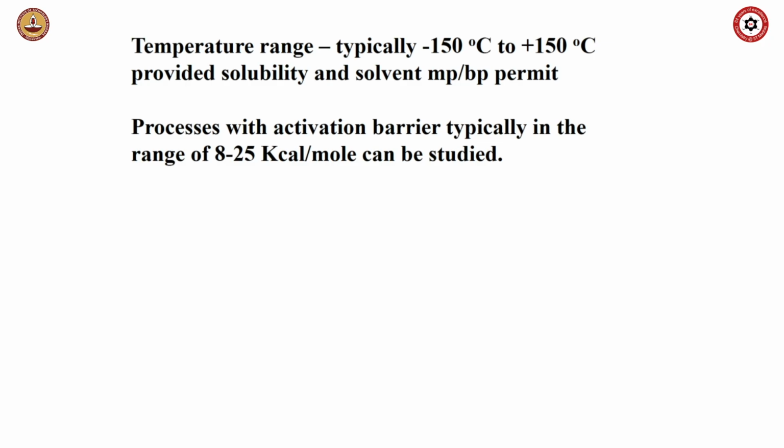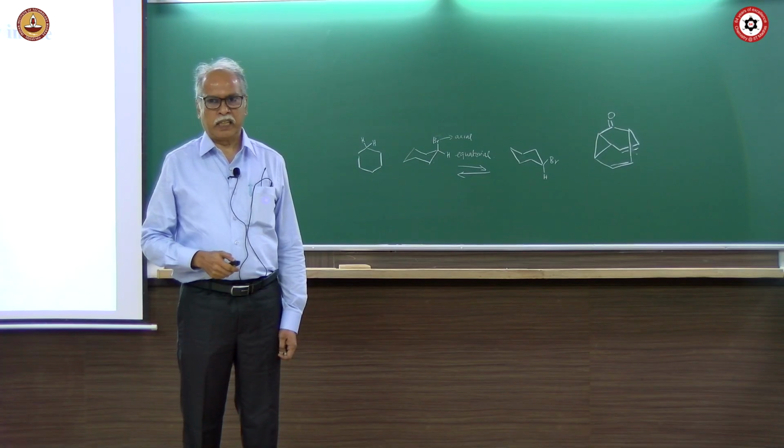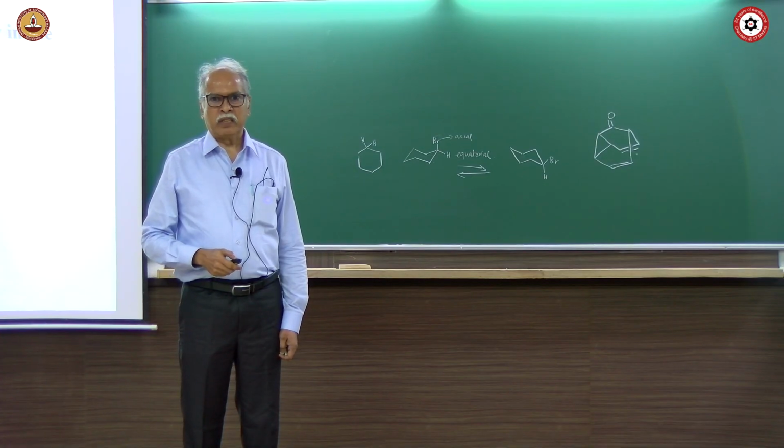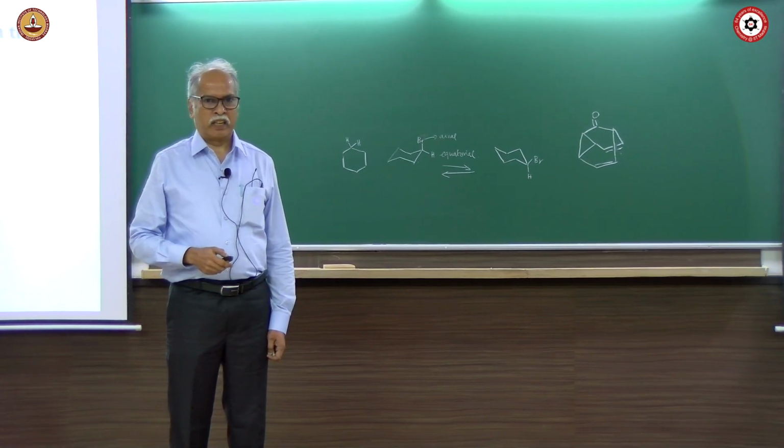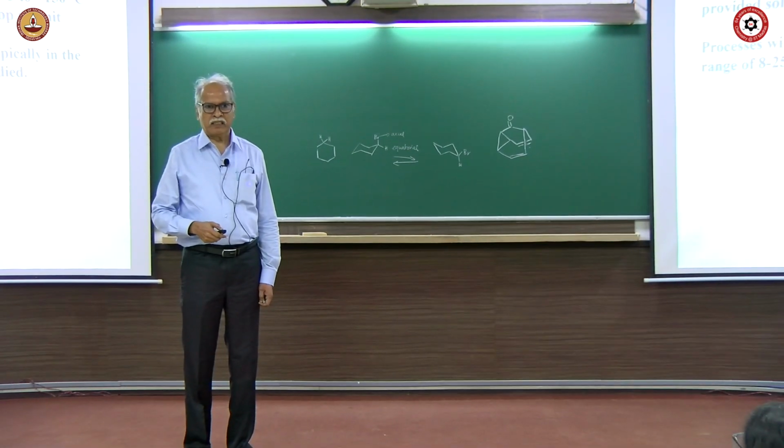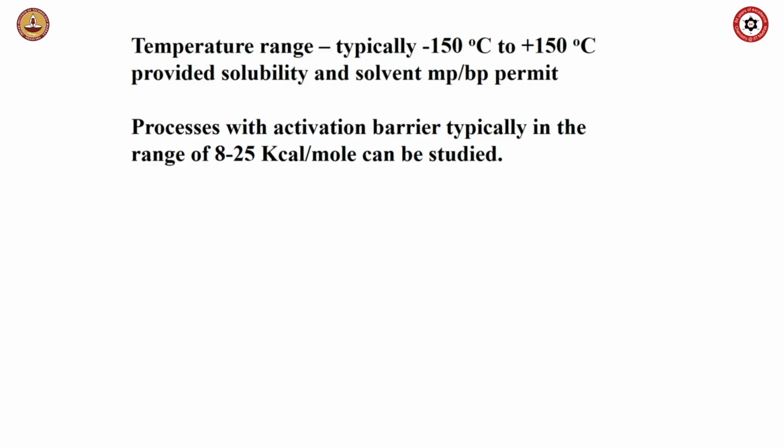It is possible to record an NMR spectrum in the temperature range of minus 150 degrees Celsius to plus 150 degrees Celsius. A 300 degree window is available for studying the spectrum, and for most organic compounds, the fluxionality and the dynamic processes are confined within this temperature range.